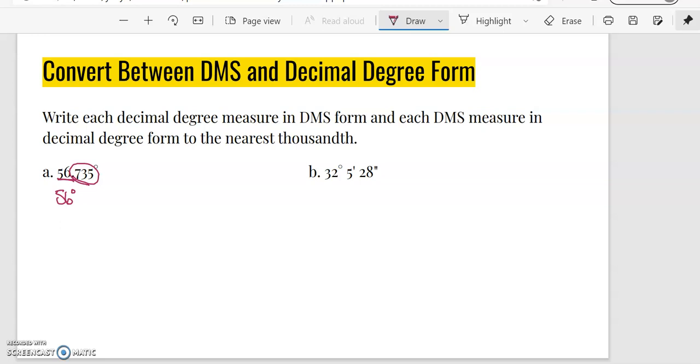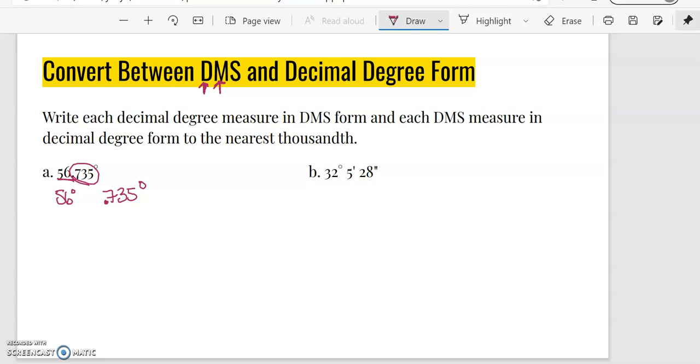So I have .735 degrees, and I need to get rid of degrees, and I need to include the next term here, which is minutes. So I need to include minutes in here somewhere.